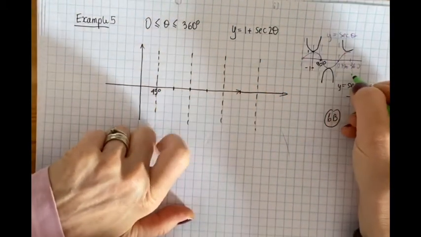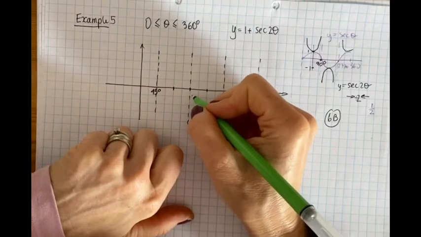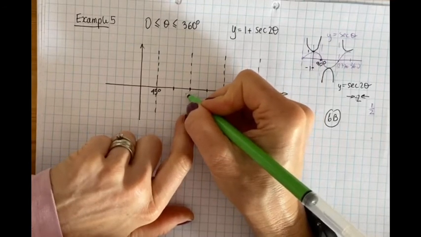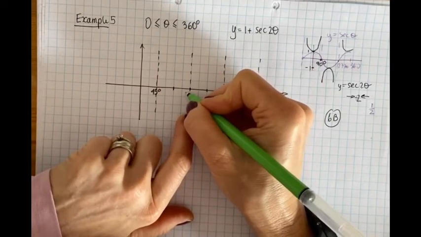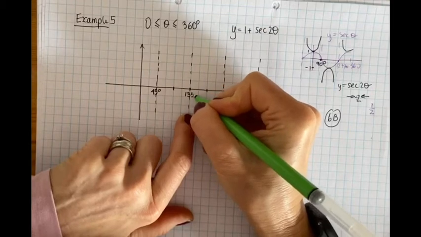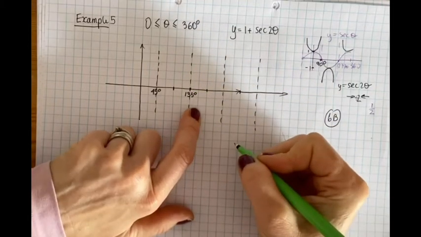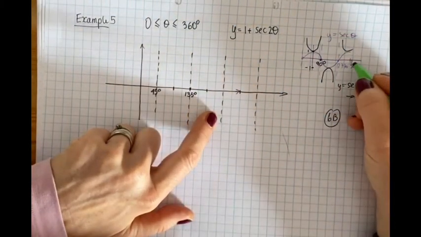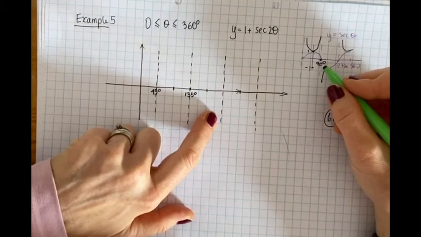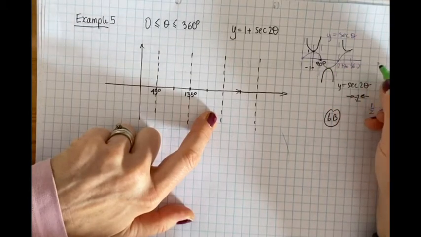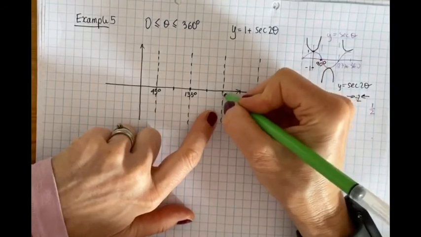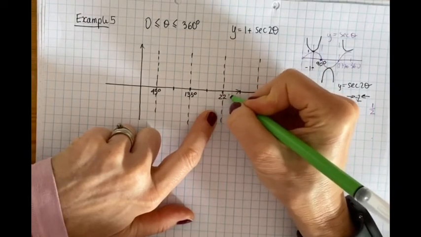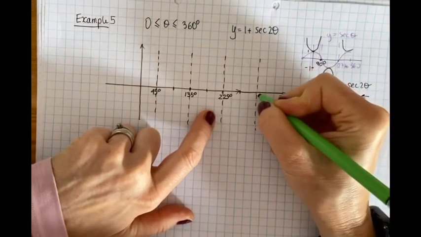This one was at 270. Now it's going to be half that, so it's going to be 135. Now the next asymptote would have happened at 450, so it is going to be at 225.